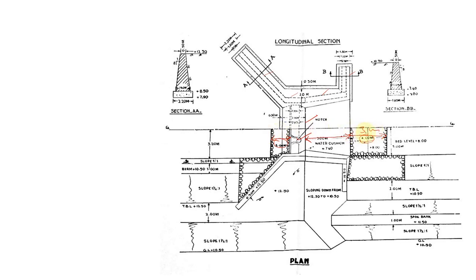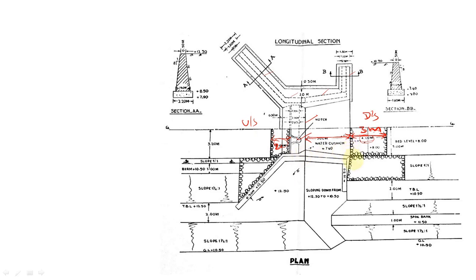There is no criterion available to fix the bed width, but you can take a thumb rule: like the water cushion is 5 meters we are providing, so at least provide 50 or 60 centimeters of the length of the water cushion on the downstream side. So here I am going with 3 meters on the downstream side and 2 meters on the upstream side. That is the bed pitching.